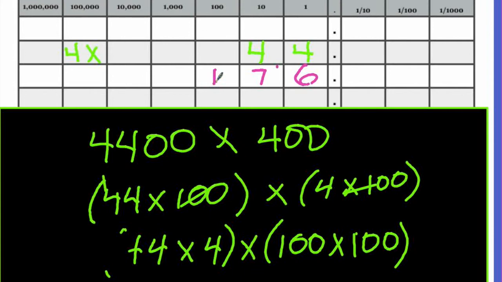Okay, so it's 176, but then I have 200s. And if you remember correctly, if I have 200s, I have 10 to what power? 10 to the power of 4.